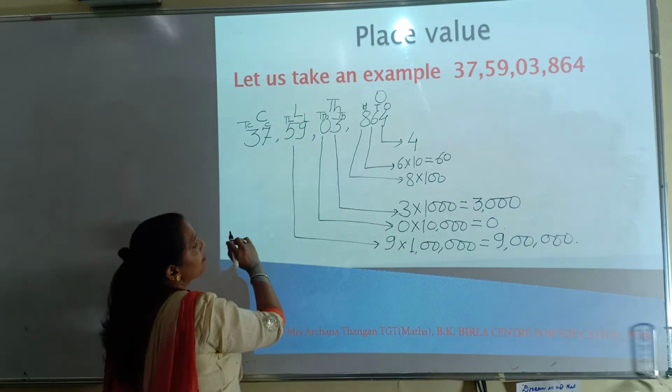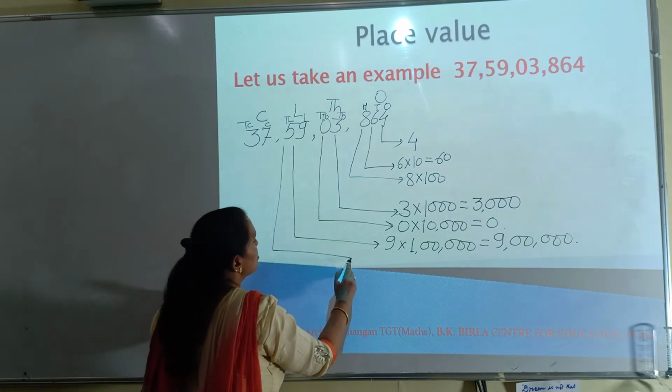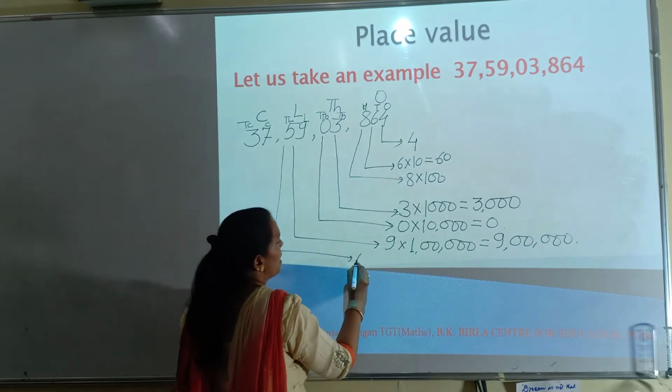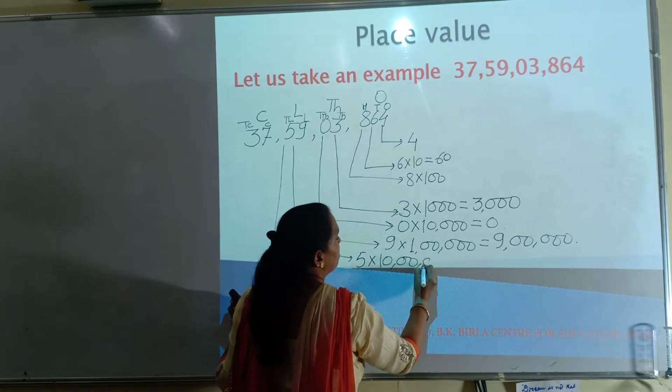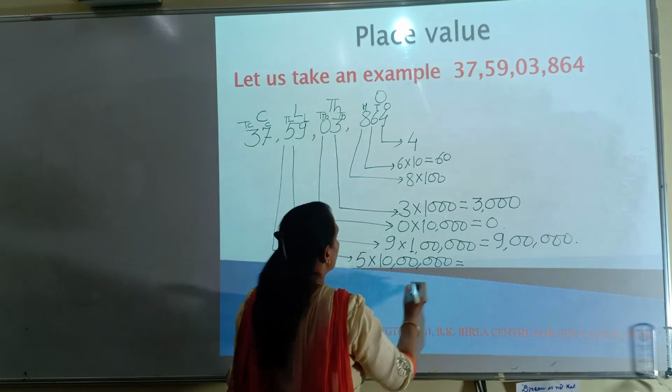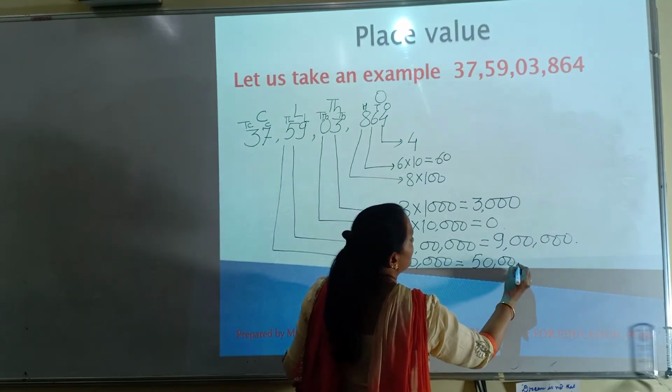Next, we have 5 on ten lakh. 5 multiplied by 10 lakh. So, its place value is 50 lakh.